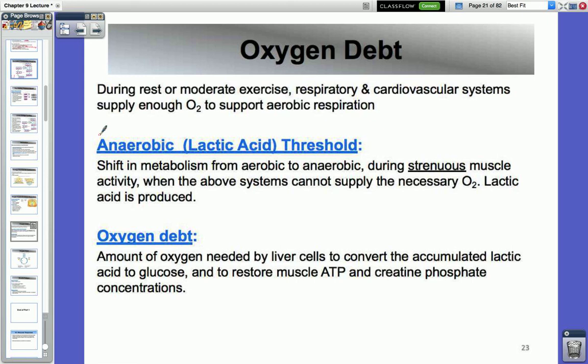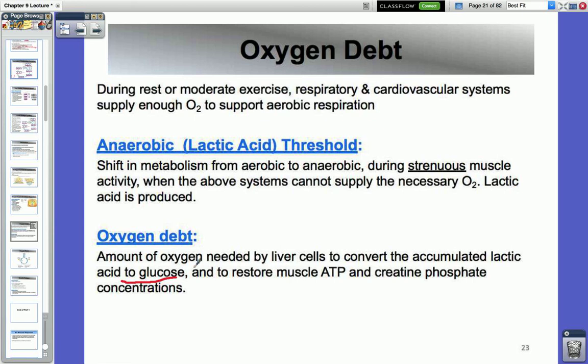And so when we produce lactic acid, that lactic acid could possibly be converted back to glucose, because remember, glucose is one of those things that we need to start our respiration. So we can get some more glucose, then we could possibly make more ATP later on down the road. But we also need some oxygen in order for that to happen.